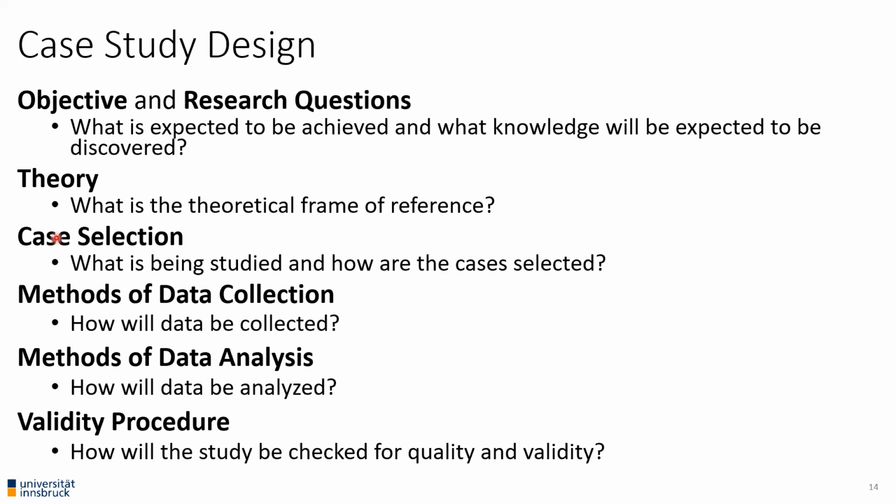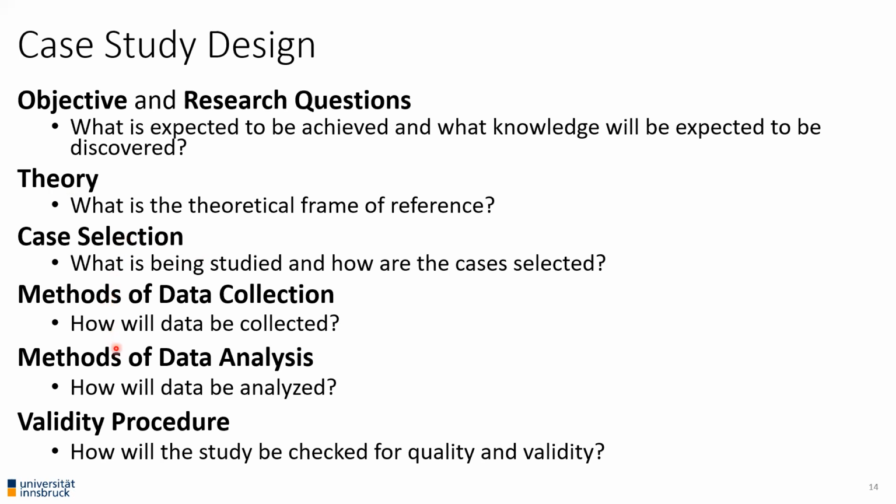Then you have to properly select cases. That's something that is unique to case study research. It's typically not about the statistical sampling that you do in experiments or surveys, or should do in surveys and experiments, but it's really about selecting cases that have specific characteristics.